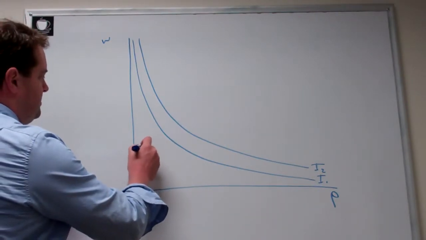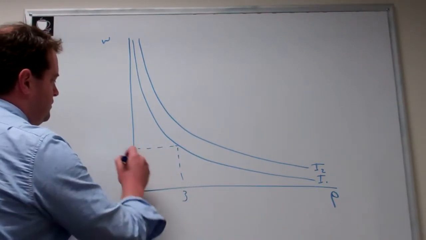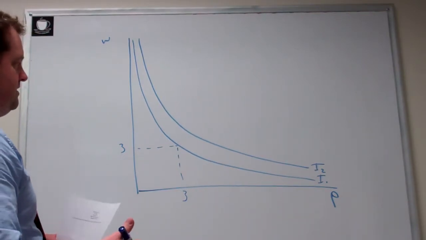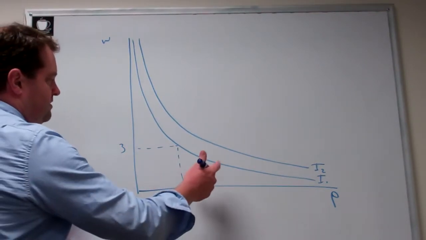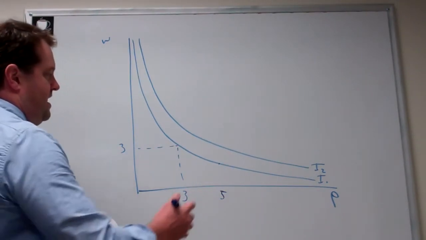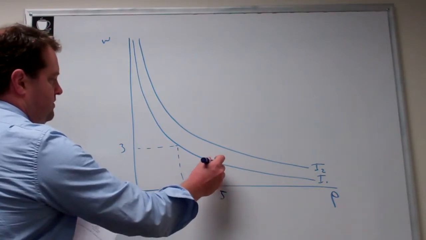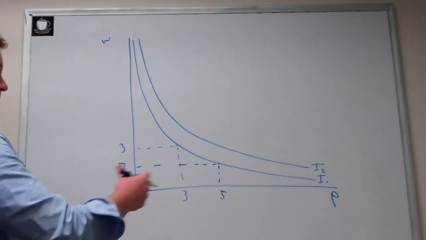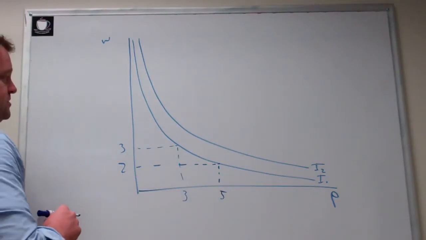So let's start off here by saying that one bundle the consumer could have on indifference curve 1 is 3 pancakes and 3 waffles. And then we could slide down here and say we could give them more pancakes and fewer waffles and keep them at the same utility. Perhaps that'd be 5 pancakes and 2 waffles.